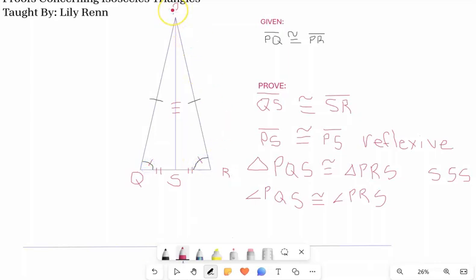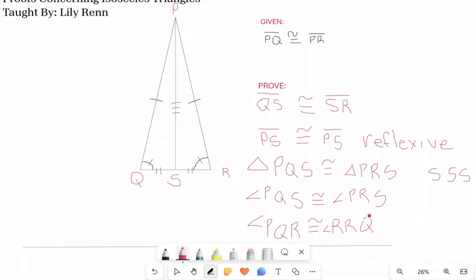If these two triangles were formed into one, it would be clear to tell that angles PQR and PRQ have the same arches, meaning that these two angles are congruent, which we can write out as angle PQR is congruent to angle PRQ. Perfect.